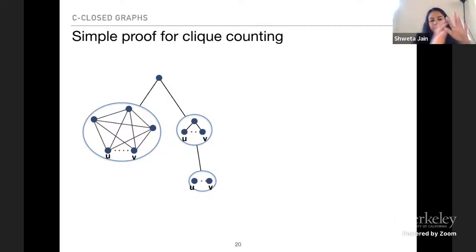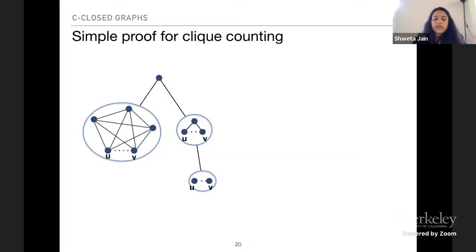So the leaves are cliques, and then the internal nodes of this tree have to have some missing edge. So consider a missing edge from the original graph, say UV. The question is, how many nodes or how many subgraphs can this missing edge appear in?